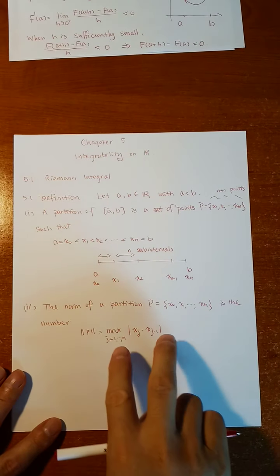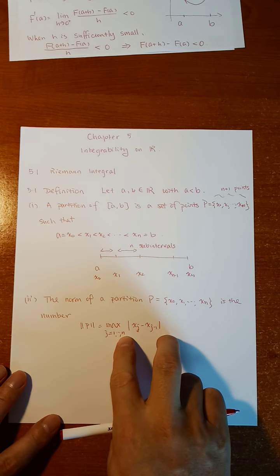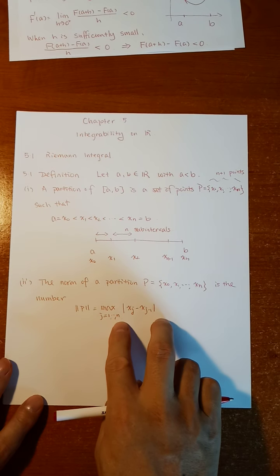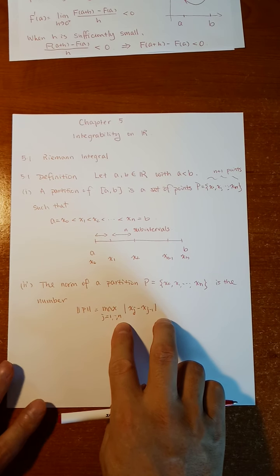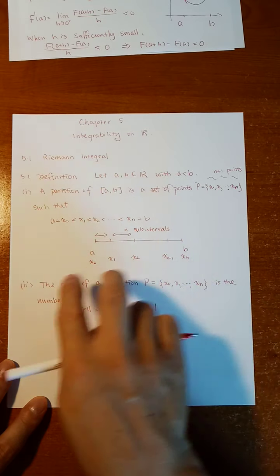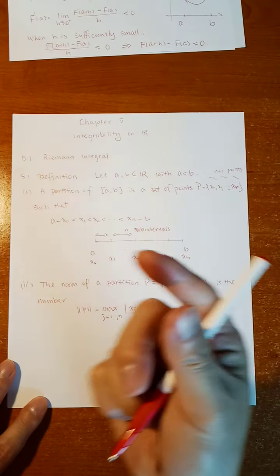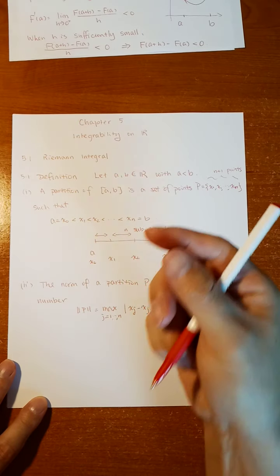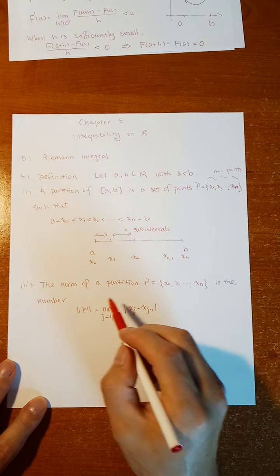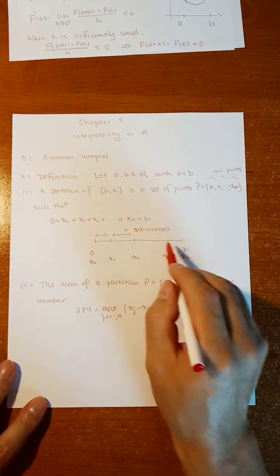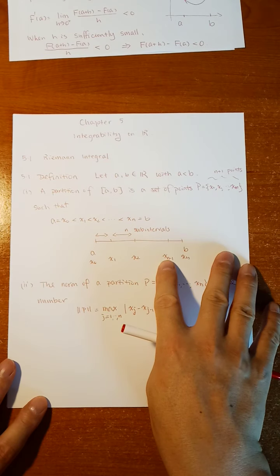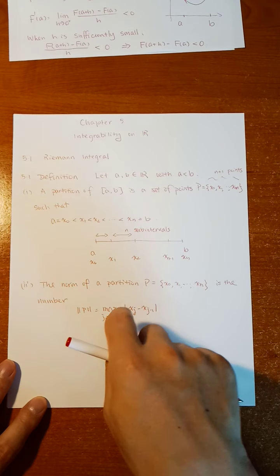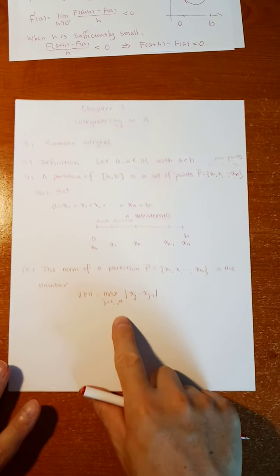The absolute value of the difference gives us the length. You pick up the largest length because you only have finitely many subintervals. That is called the norm.